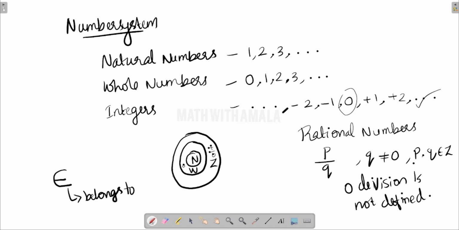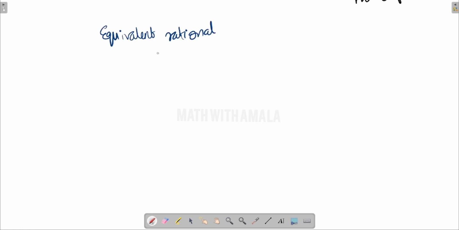This is all about rational numbers. Now, rational numbers are represented by the symbol Q. So, equivalent rational or fraction means what? If we take 20 divided by 15, is this a fraction in its simplified or standard form?